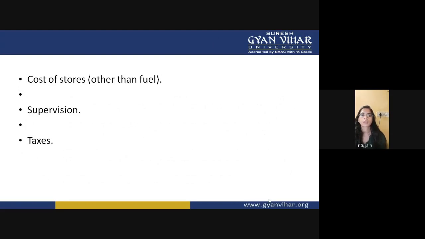These come into the category of operating cost when a power plant is running. These are the costs which must be considered. After calculating operating cost and capital cost, you can easily decide the tariff or the charges which must be paid for the electricity.